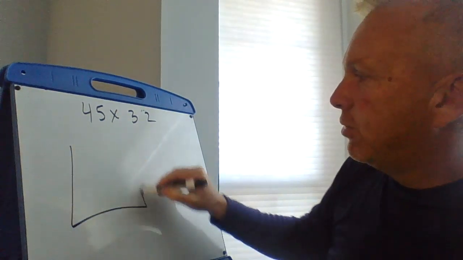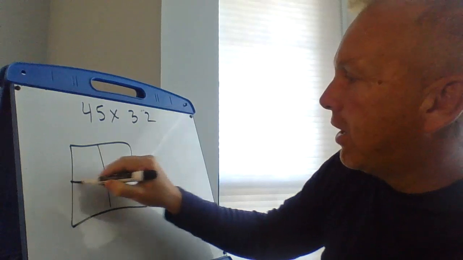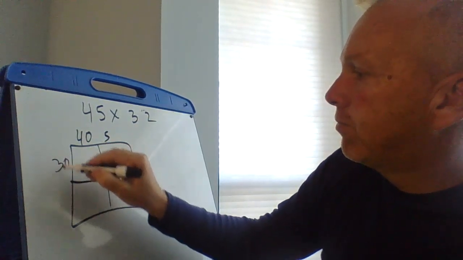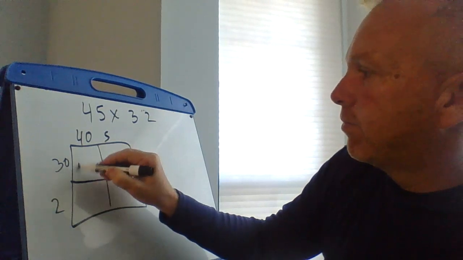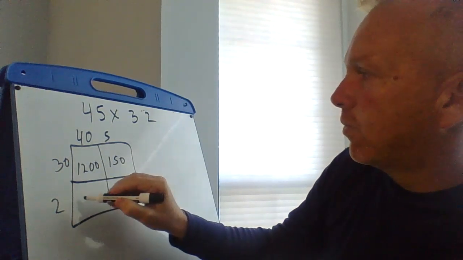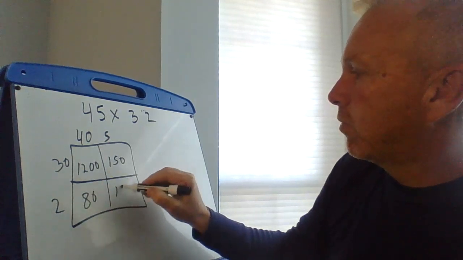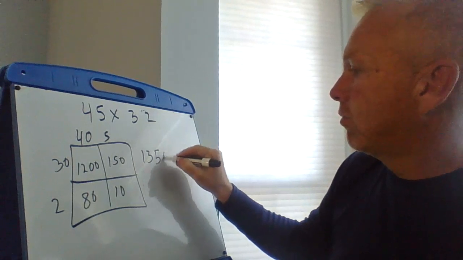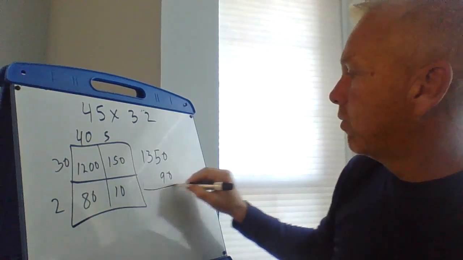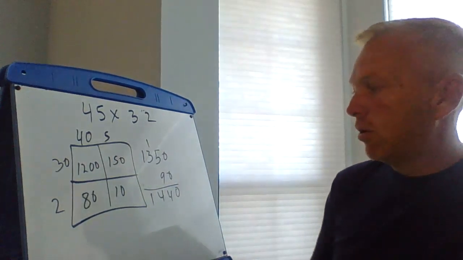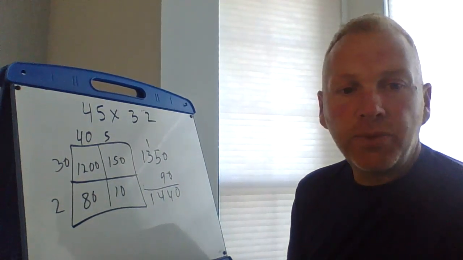The first thing I would do on my scratch paper, I would draw my area model. $1,440.